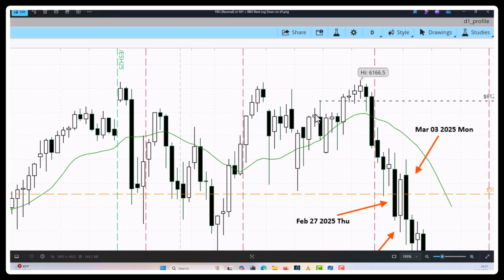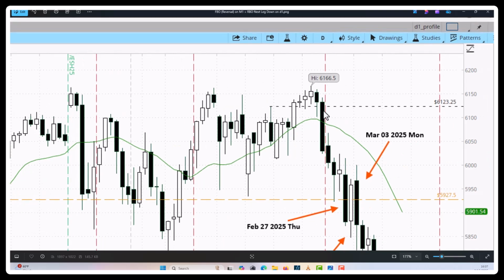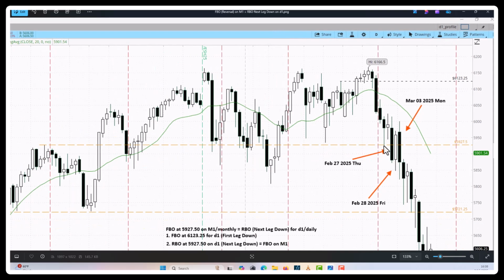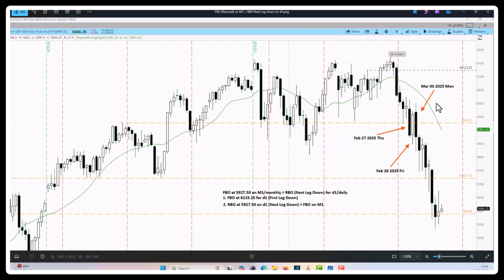You can mark out this level also, but in this case we choose the higher level, so the stop loss is not too big. But if you choose entry at this level, your stop loss is going to be very big. So this level makes more sense. This is how the first leg starts in order to break down on a high time frame. See that? That's the daily.